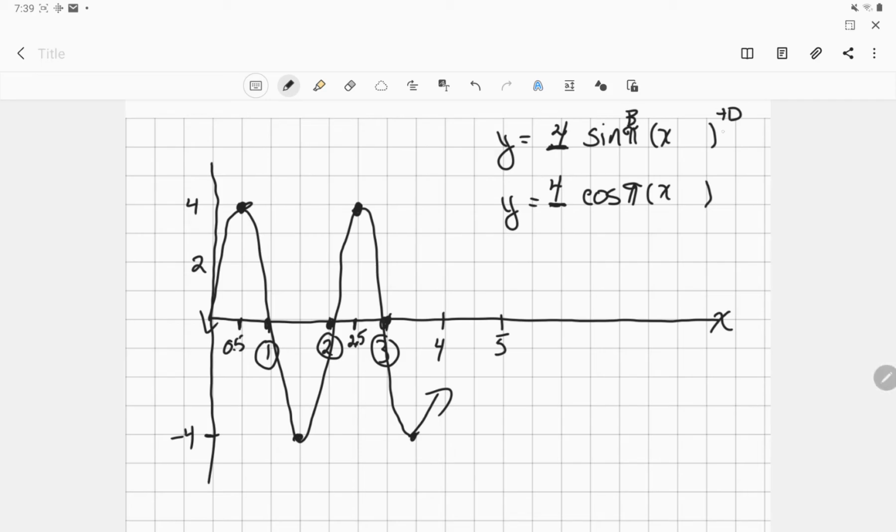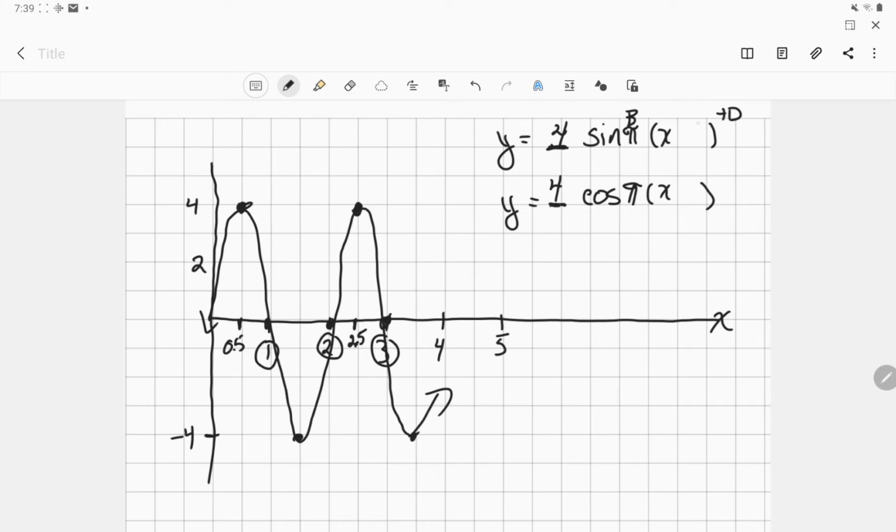So there really isn't a D. If you really wanted to put something, you could put plus 0, but we don't need to. And again, it is exactly the same whether it's a sine wave or a cos wave.